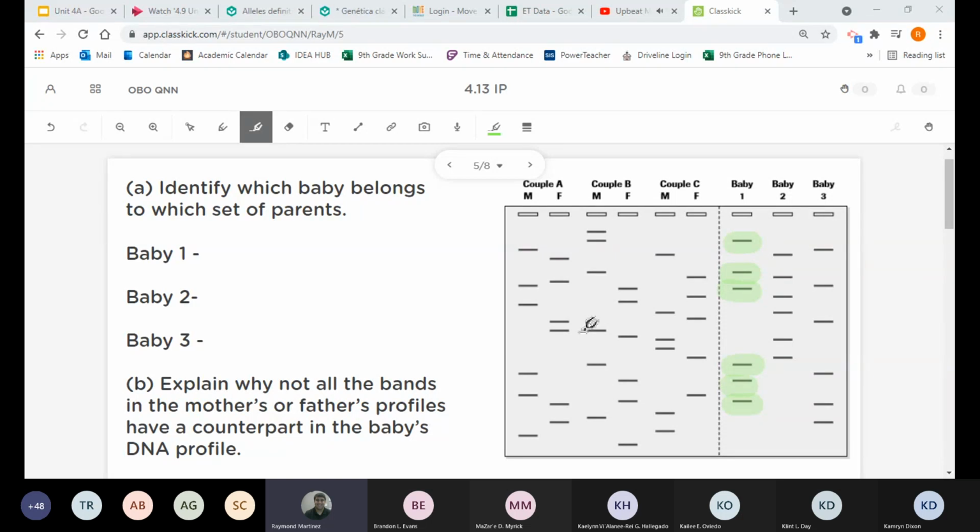Again, in the chat box, let me know who are baby one's parents. You're comparing the baby's DNA to the parent's DNA. Oh, excellent, you guys. You guys are doing great.